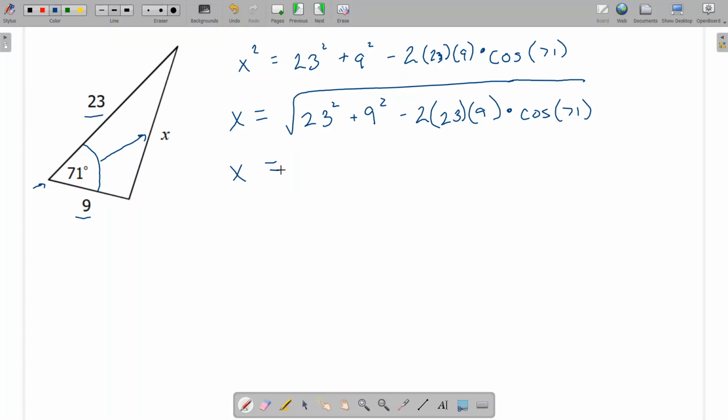Yeah, it's a little bit more long-winded, but it works every time. There's really not any complications that come along with it. It's a pretty surefire way of finding a missing side with relative ease. If we go ahead and do this, you're going to find that that missing side length is 21.8.